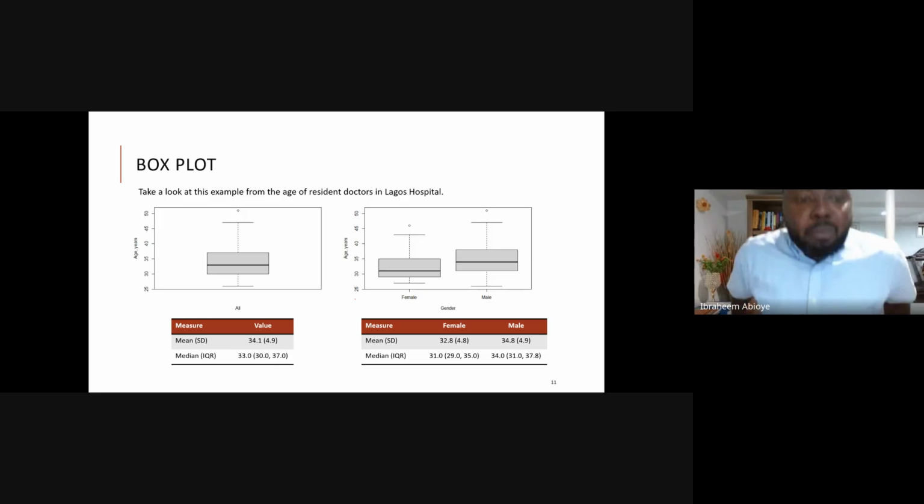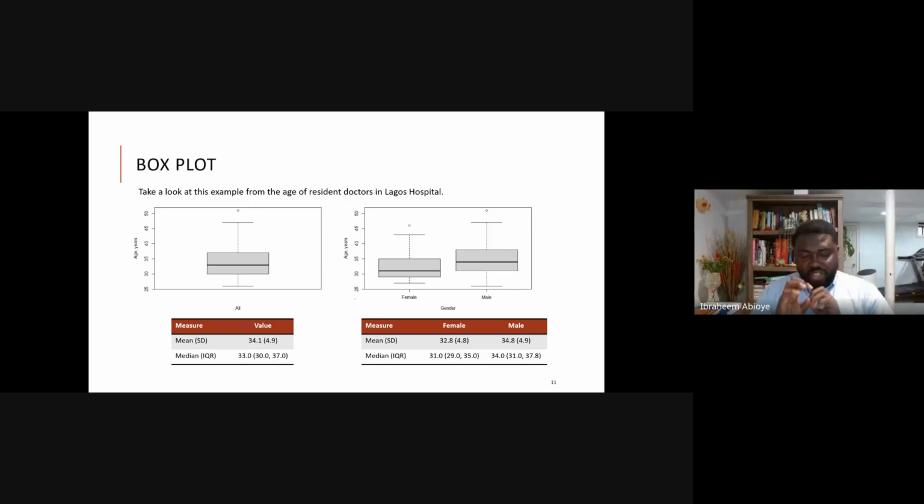And then we've talked about box plots. If you have a box plot, this is from actual data from a study among resident doctors in Lagos, and you will come across this data a lot in the course of this study. It's an old data set. We collected this data in 2009, so very old. And this is the ages of resident doctors in Lagos at this time.